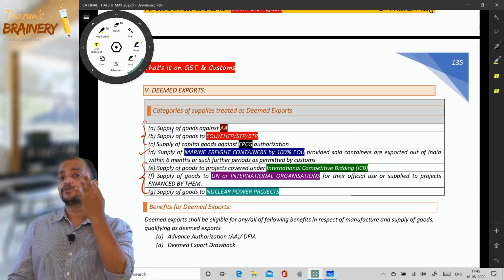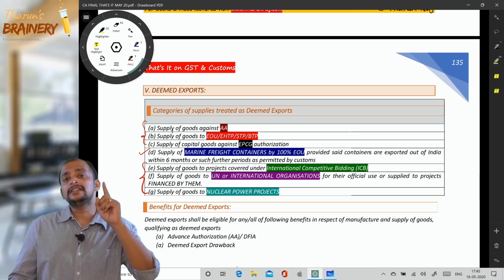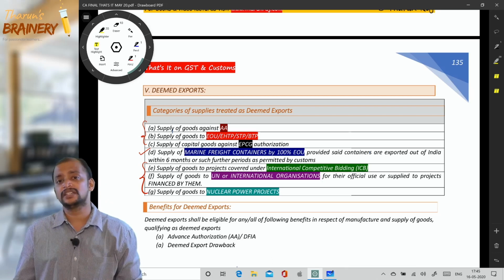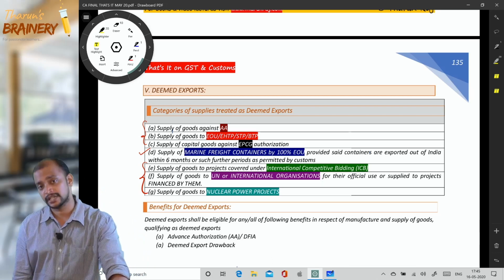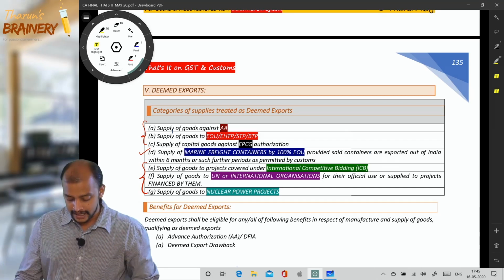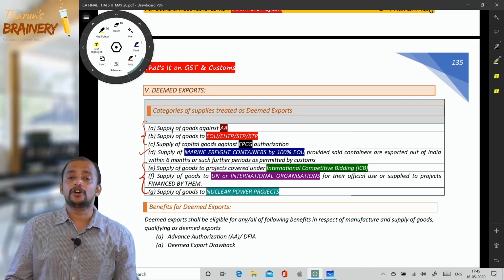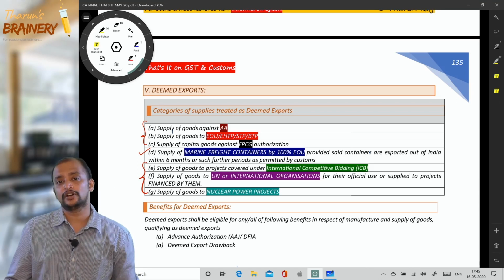Then remember 3 projects. There is the international competitive bidding project, which means the project for which the bidding happens across the globe. Second, we have nuclear power projects. And third, projects financed by the UN or an international organization.